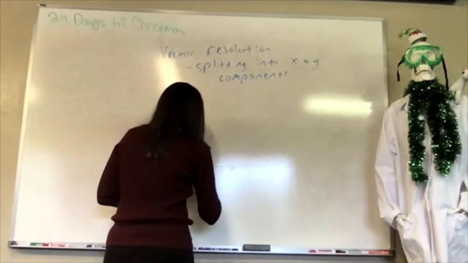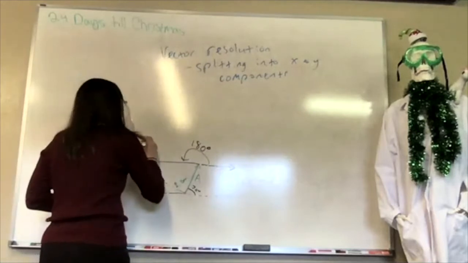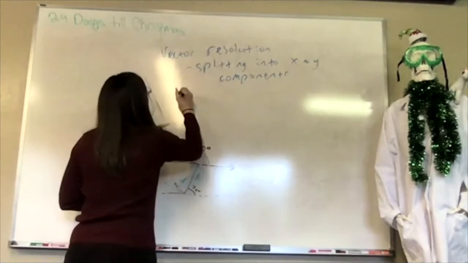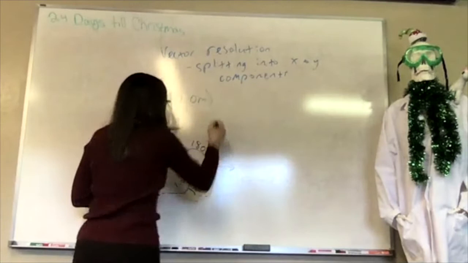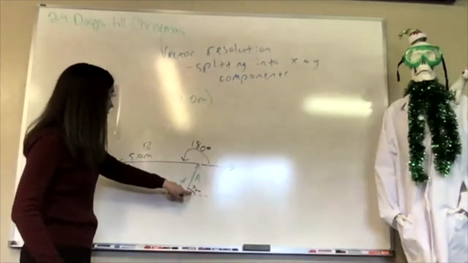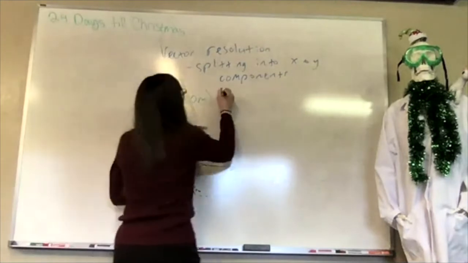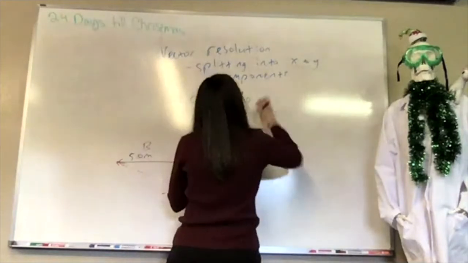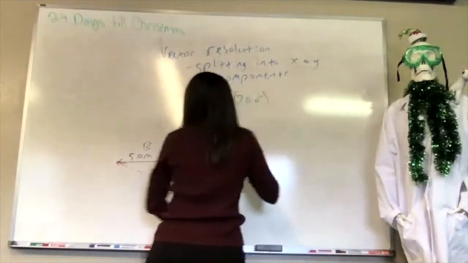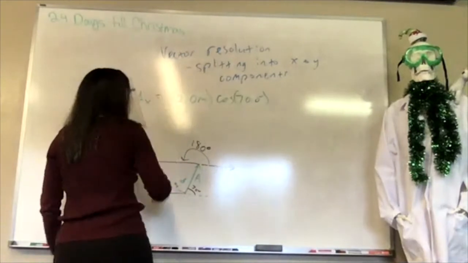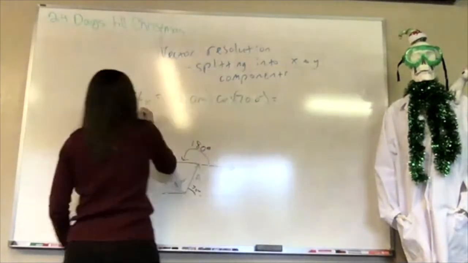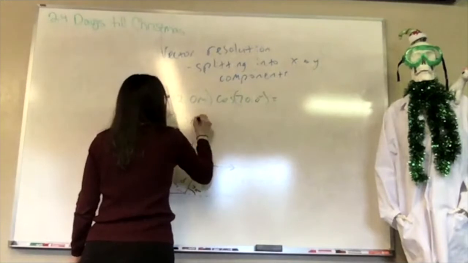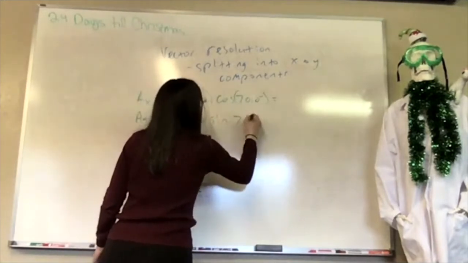Call this vector A, call this vector B. So we would take 2 meters times vector A's angle, cosine of 70 degrees, that would give you A of X. And then you would find A of Y by taking 2 meters and multiplying it times sine of 70 degrees.